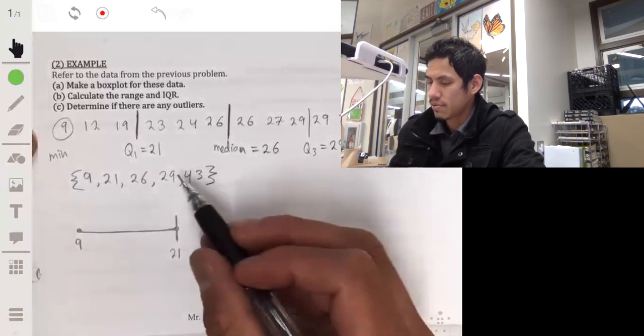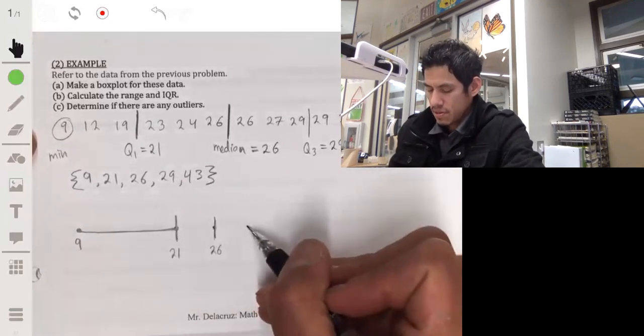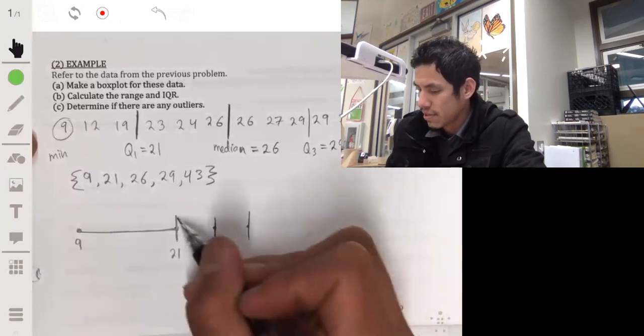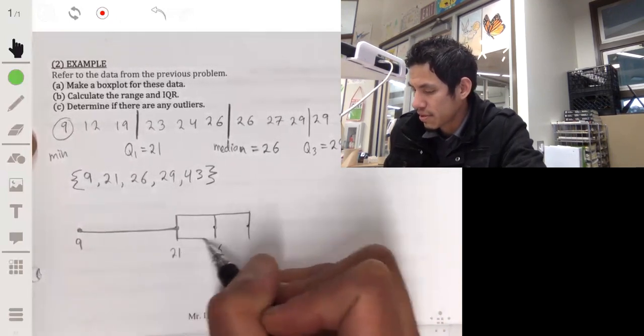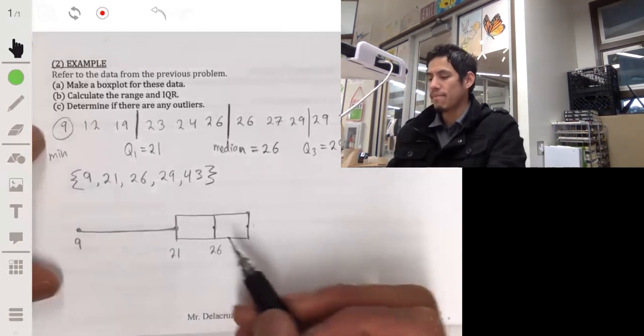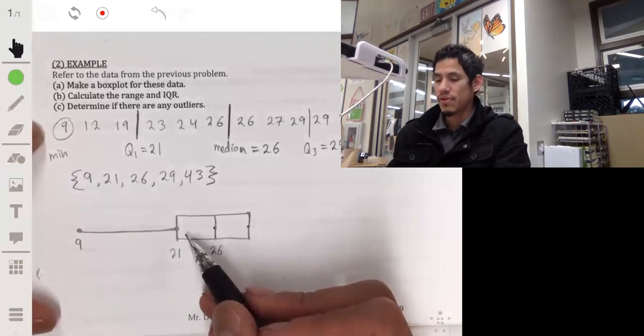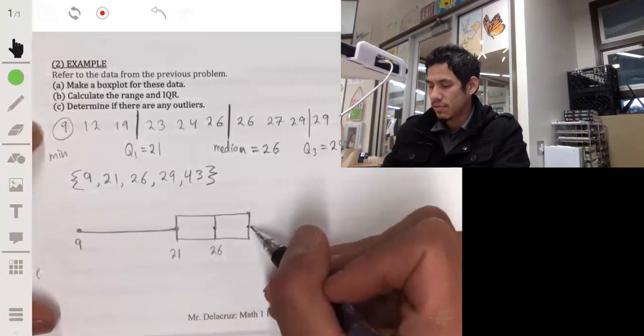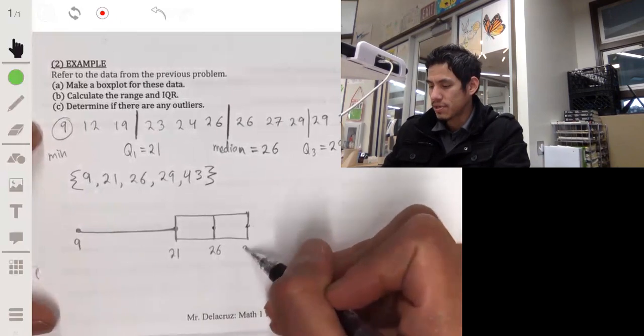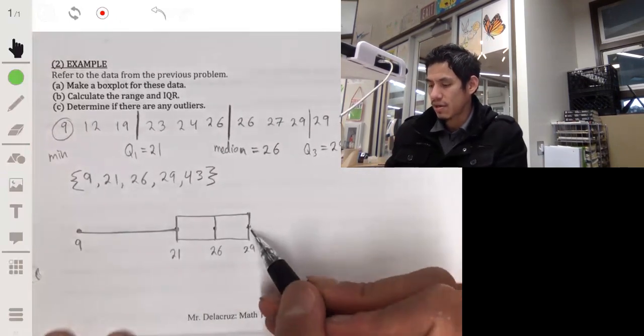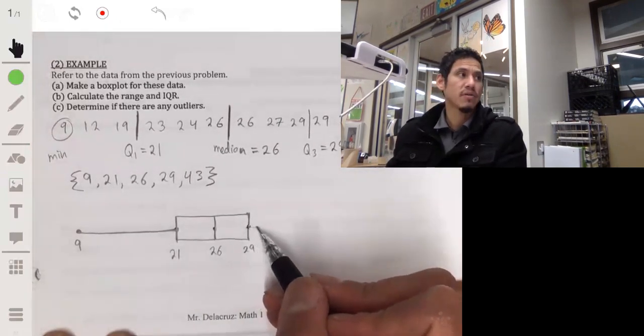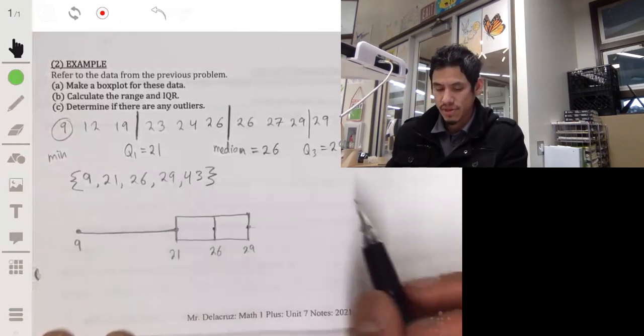Then 29 will be maybe here. So our box goes around the middle 3 values of the 5-number summary. So our Q3 here is 29. And then we draw our last horizontal line all the way to the maximum, that's 43.